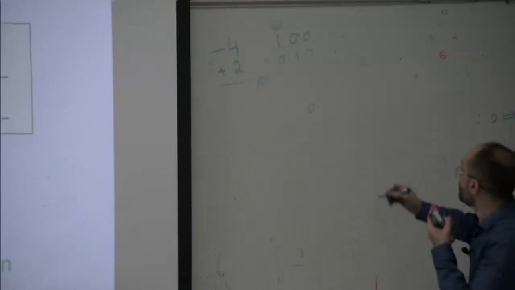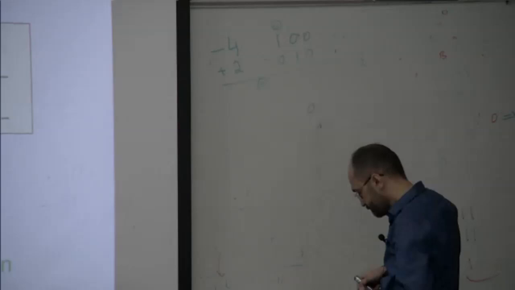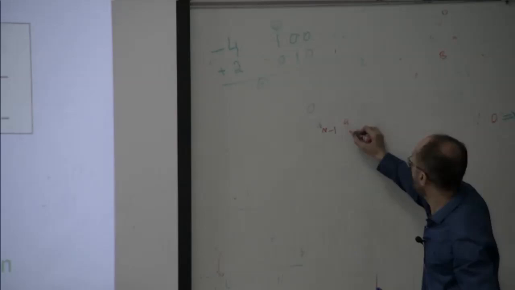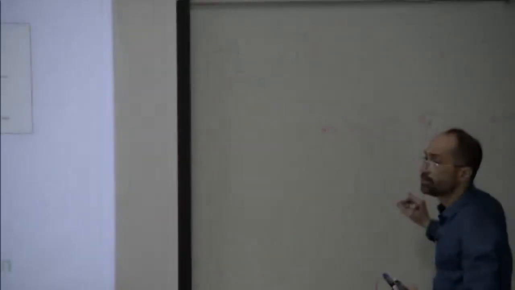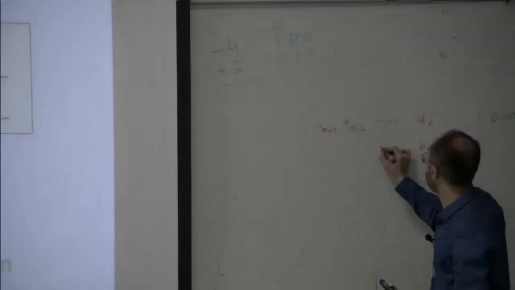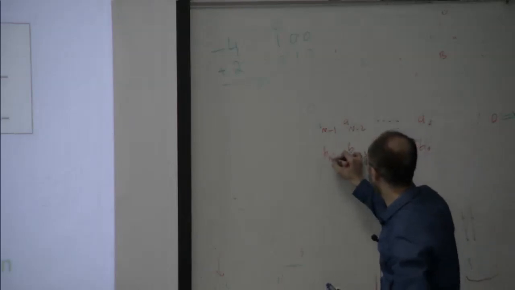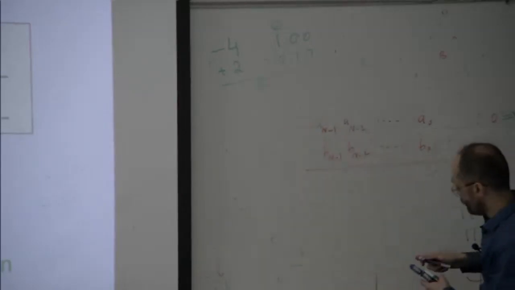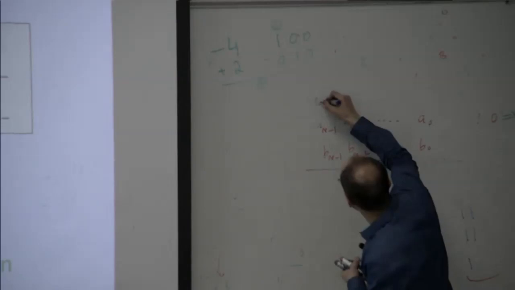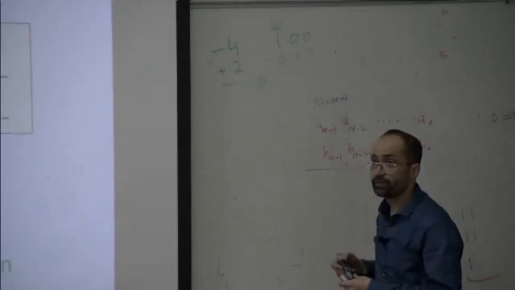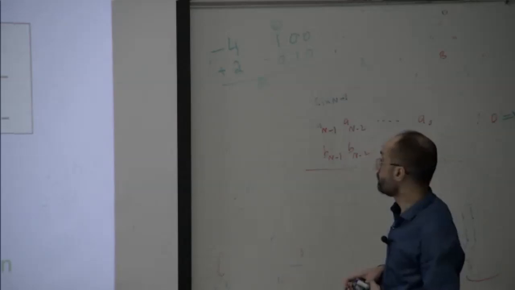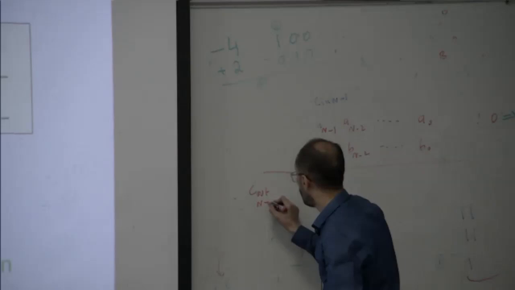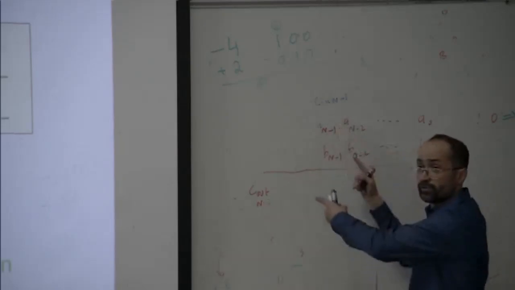We say given an n-bit number, we want to add a n minus 1, a n minus 2, and so on until a 0, and then b 0 and so on until b n minus 2 and b n minus 1. Got it? So this is actually C in n minus 1, and then we can say C out n, because if it is n minus 1, then this is the next step.